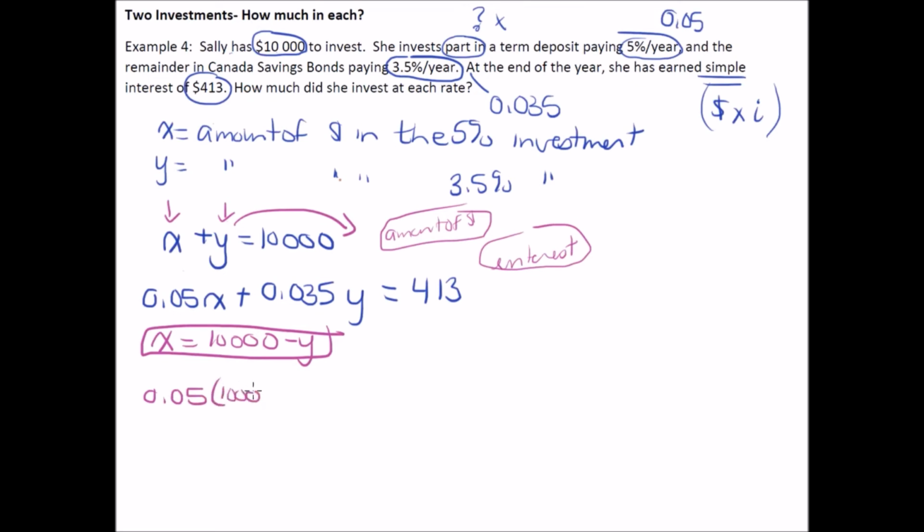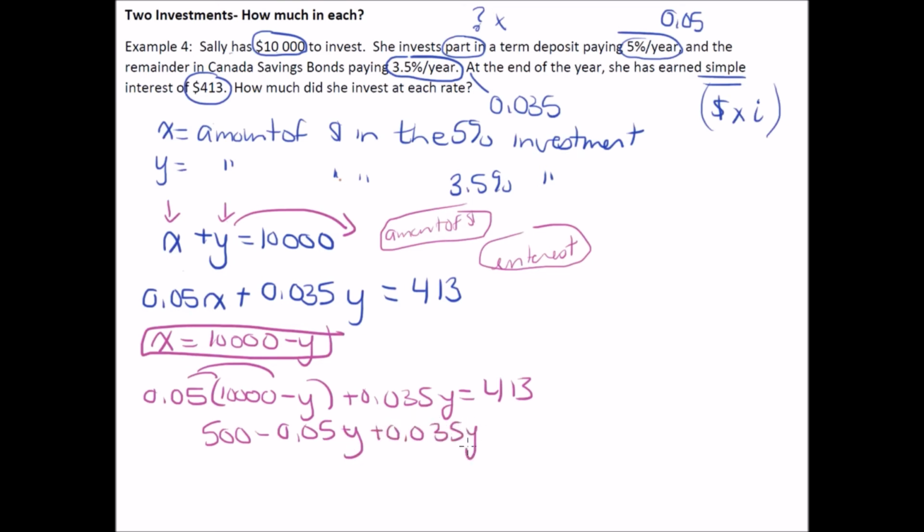0.05 times 10,000 minus Y plus 0.035 Y equals 413. Okay, expand that in. So 10,000 times 0.05, we get 500, minus 0.05 Y plus 0.035 Y equals 413.